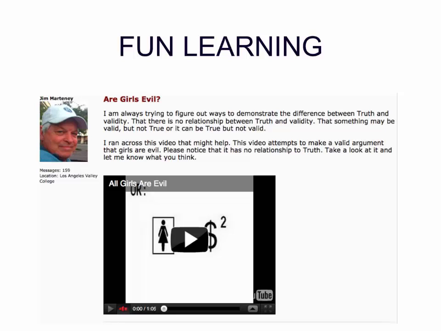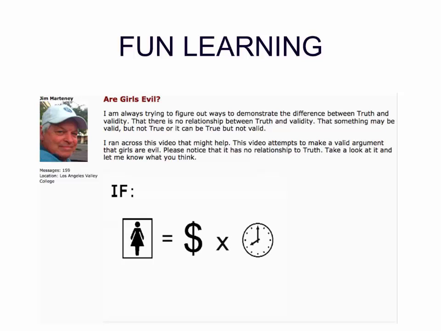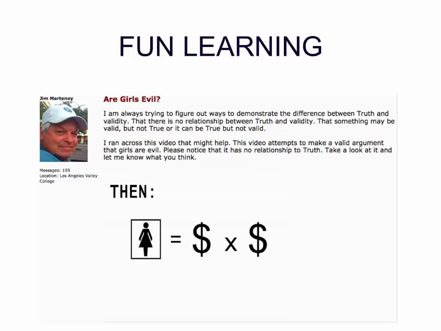I'm trying to get my students to understand that something can be logical but still be wrong. And it looks something like this. First, notice the spelling. Girls require a lot of money and time. And as we all know, time is money. Therefore, if we substitute time with money, girls equal money multiplied by money.